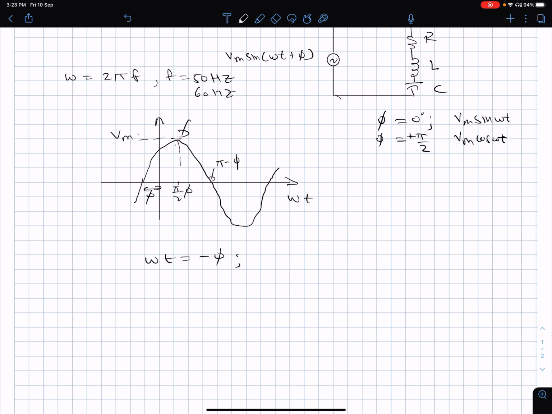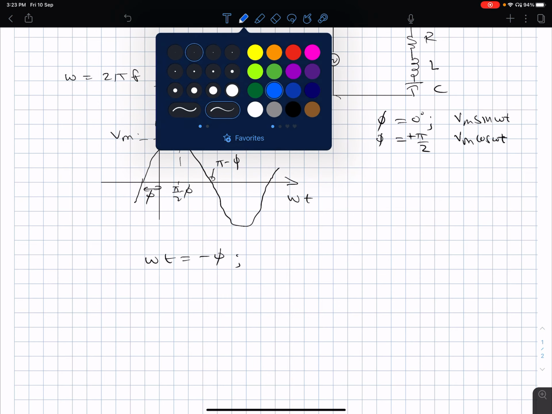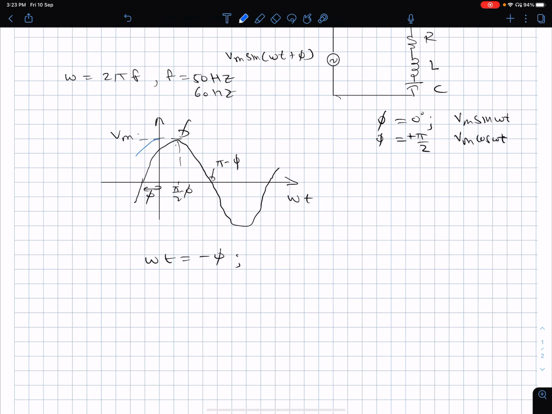So Vm cos of omega t is going to be a waveform which will look like this, and sine of omega t is a waveform which will start like this and will become 180 degrees here, and then it will go like this.